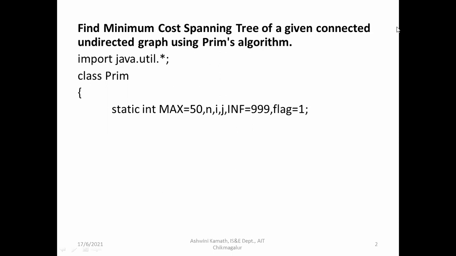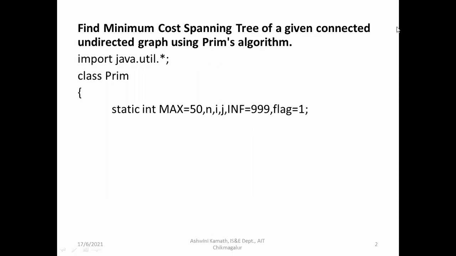Then we know that when we don't have a direct edge, we have to enter infinity. We have to enter infinity if we don't have a direct edge from, for example, the ith vertex to the jth vertex. Here we don't have an infinity symbol or infinity value on a keyboard. It is not possible to specify an infinity value, because infinity is infinite.